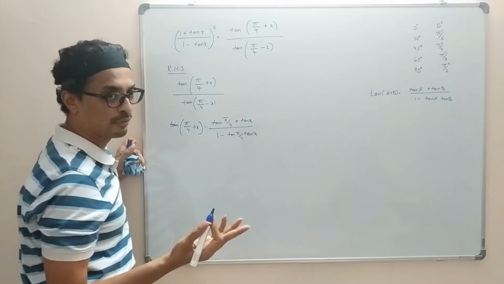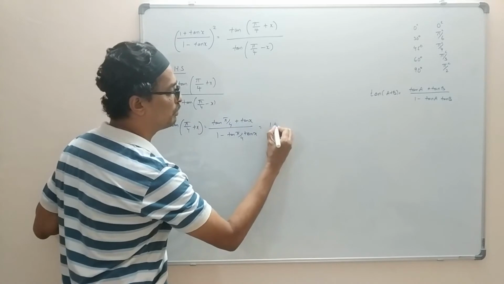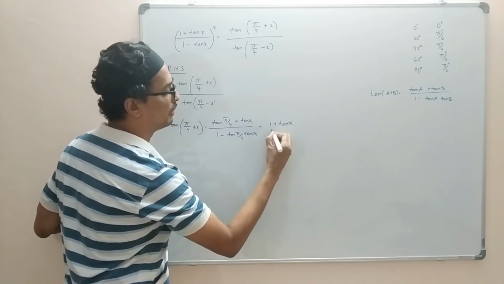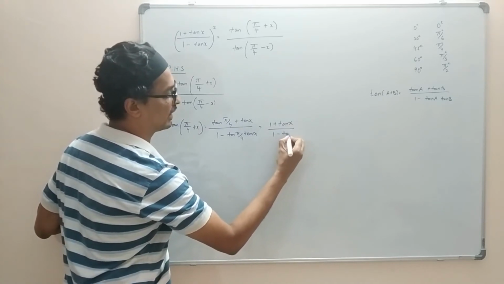We know tan pi by 4 equals 1, so this will become 1 plus tan x divided by 1 minus tan x.